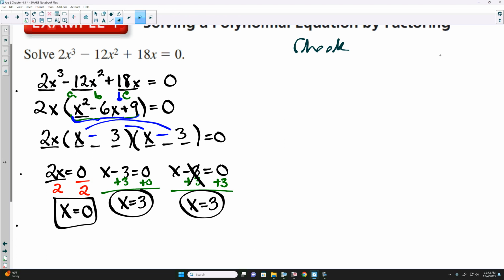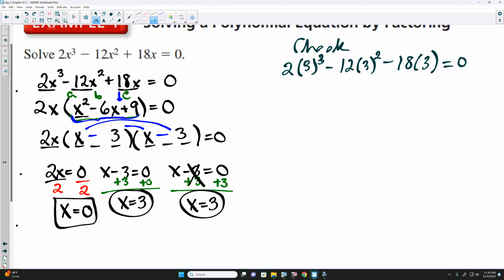We can do the same thing with 3. We can do 2 times 3 cubed, minus 12 times 3 squared, plus 18 times 3. Let's see if this does equal 0. Now, 3 cubed is 27. 3 squared is 9.